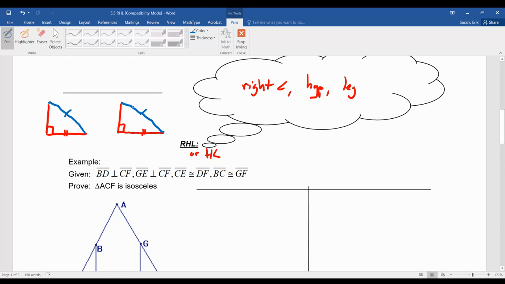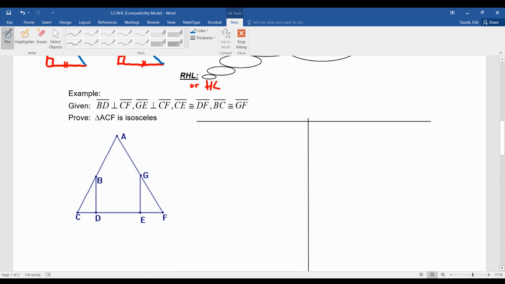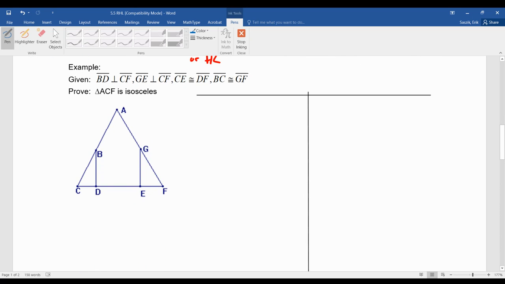If I swing this hypotenuse up, then I'm not going to make a triangle anymore. For me to make a triangle, I have to extend it. Well, then the hypotenuse wouldn't be congruent. So this is another way of proving triangles congruent through RHL or HL. This is the last way of proving them congruent. Here, let's do a proof.